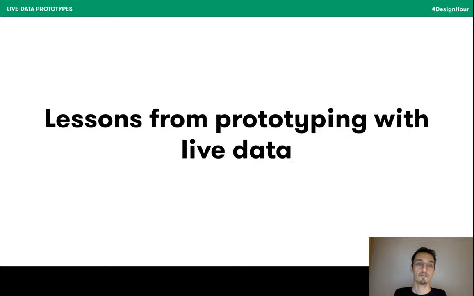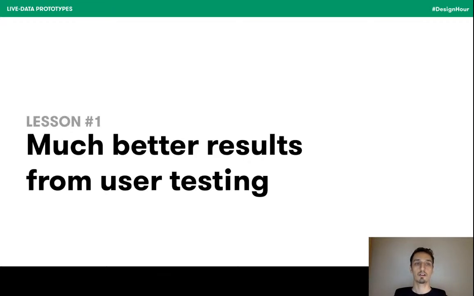So if I had to share a couple of lessons from prototyping like this, it would be these. The first one is that it can give you much better results during user testing, because these prototypes really offer really big fidelity. They can be really interactive, and that's great.